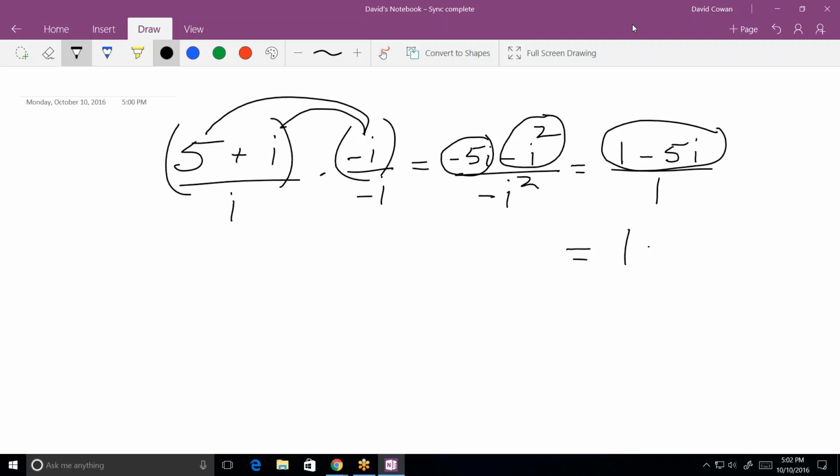So immediately I get my answer in a plus bi format. That's the way you do all of these. And that's the only one that could ever trip you up, because if I make my denominator a normal-looking a plus bi, then you just do it the other way, where you use the conjugate.